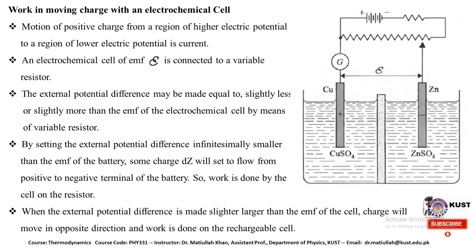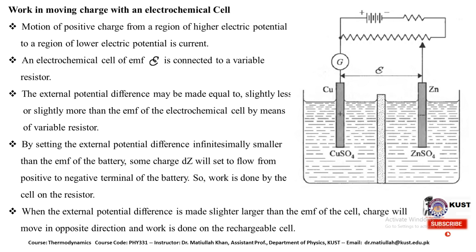Here we can see that if the external potential difference is made infinitesimally smaller than the EMF of the battery, then some charge will move across the conductor, and the direction of the charge will be from the positive to the negative terminal of the battery. In this case, the battery will lose charge.